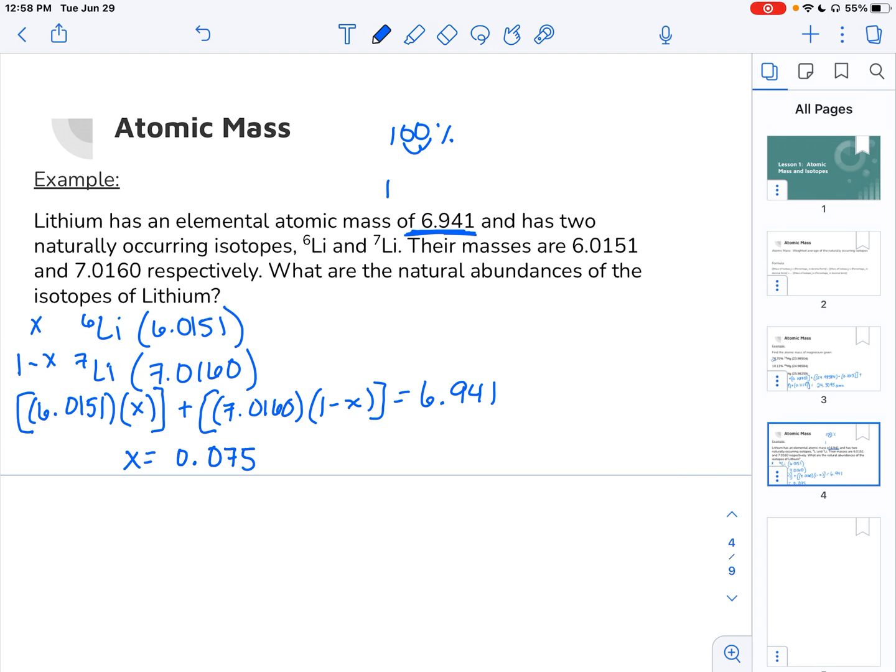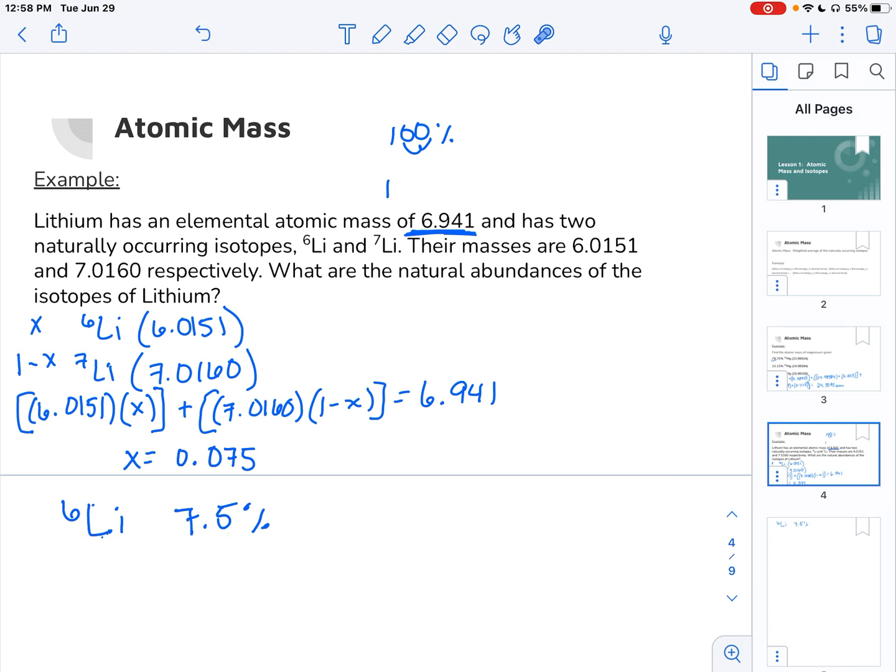So what that means is that lithium 6 is 7.5%, because remember lithium 6 we set as X. So our X came out to this, and then we turn it into a percentage for our final answer.